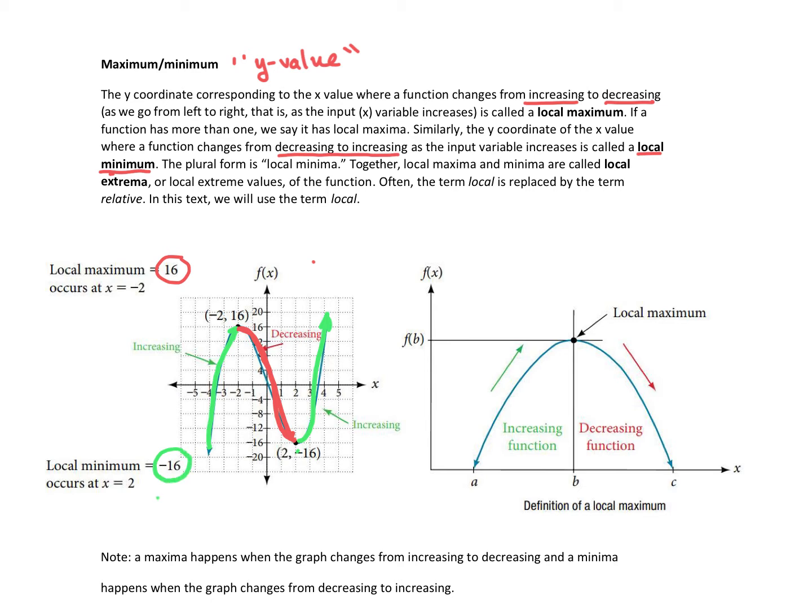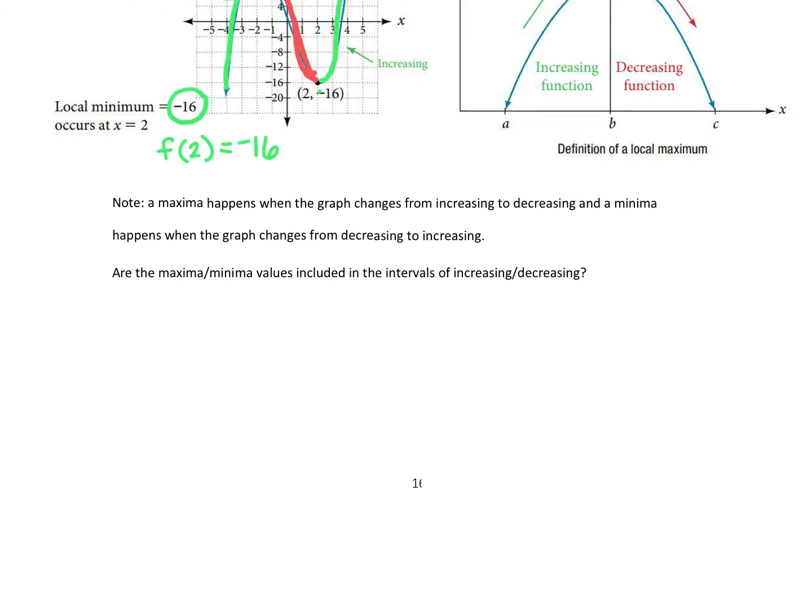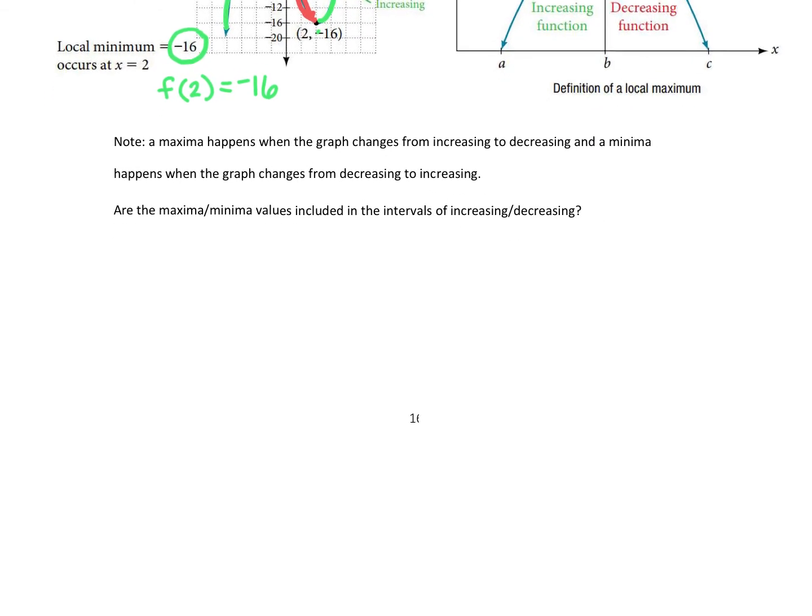You could, if you wanted, say f of 2 is -16, which gives you a little more information: the function value at 2 is -16, and that's your minimum. A maximum happens when the graph changes from increasing to decreasing, and a minimum when it goes from decreasing to increasing.